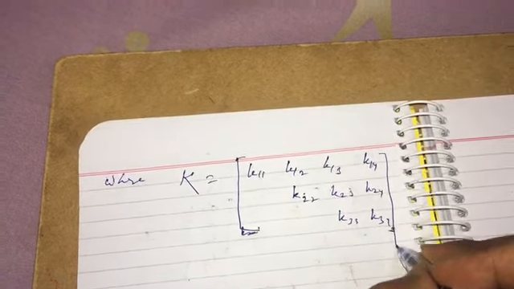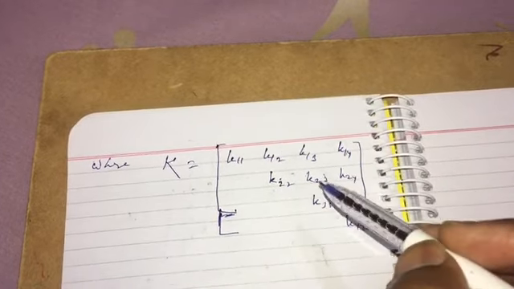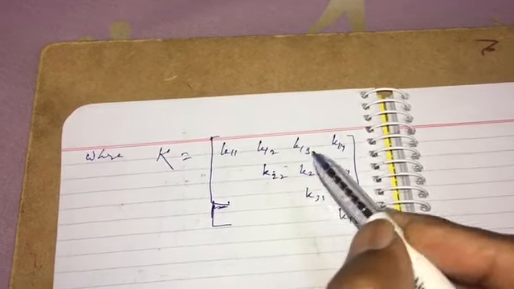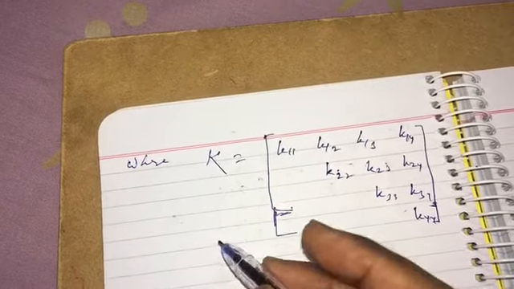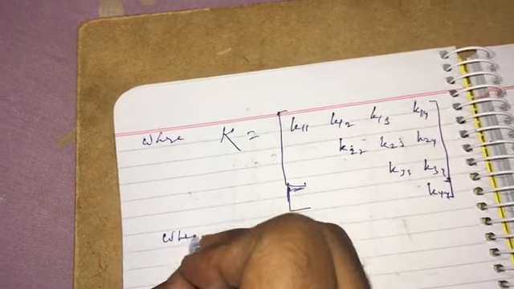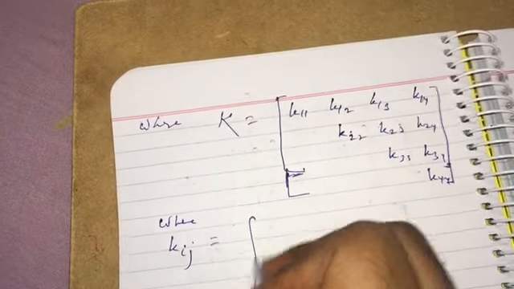So we have to find out these 10 entries, and since K is symmetric, we can find out the others as well. Now the generalized form, where Kij.